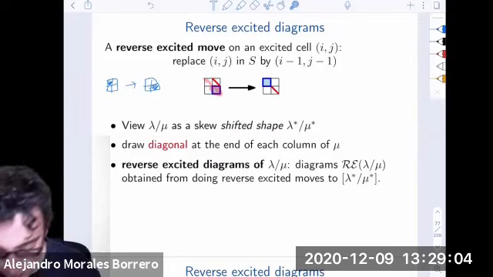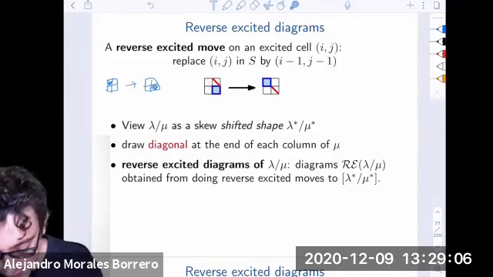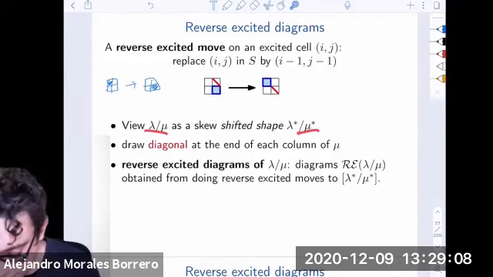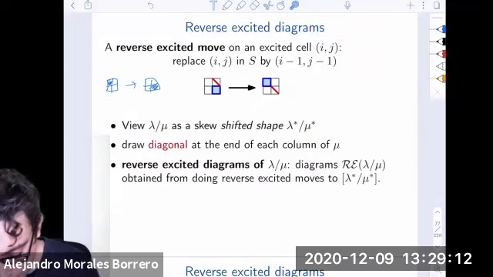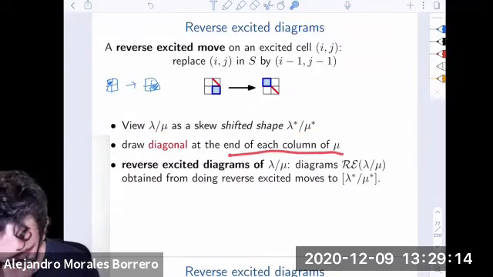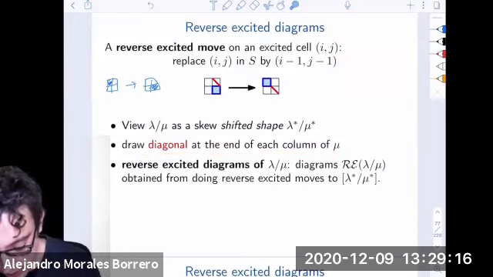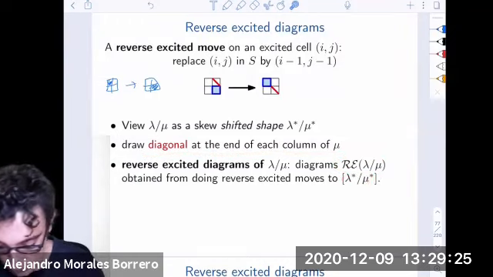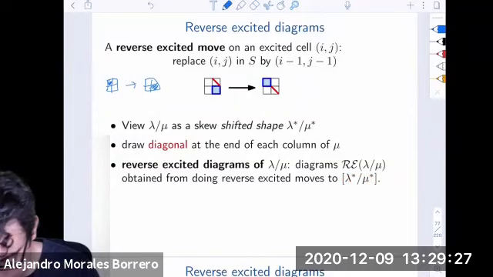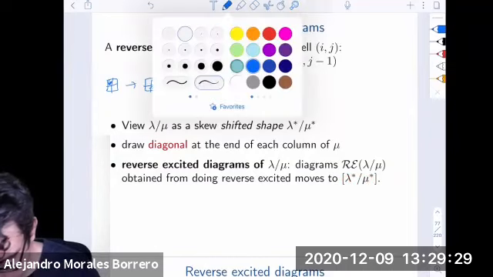It just moved back. We need to view the skew shape as a shifted skew diagram, and we're going to draw diagonals at the end of each column of mu. Then the reverse excited diagrams are the diagrams obtained from the skew shape by doing reverse excited moves. Let's do an example.